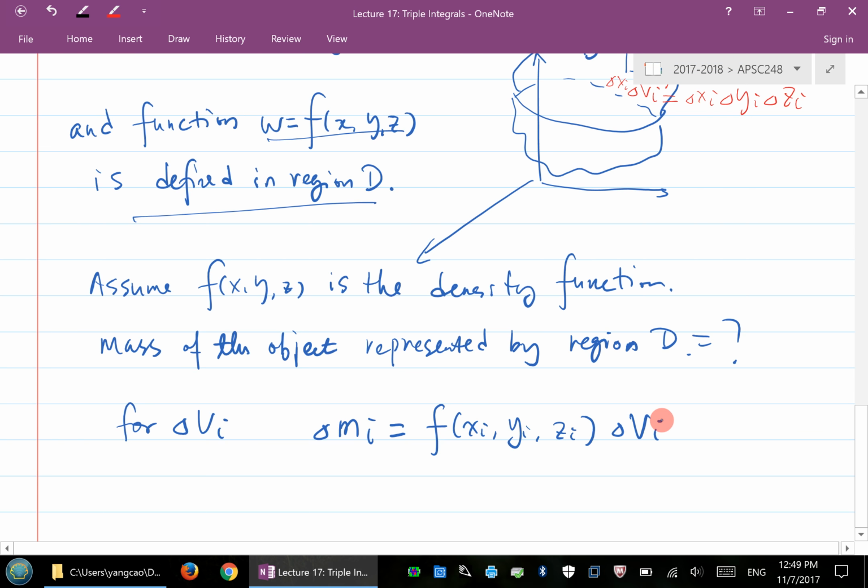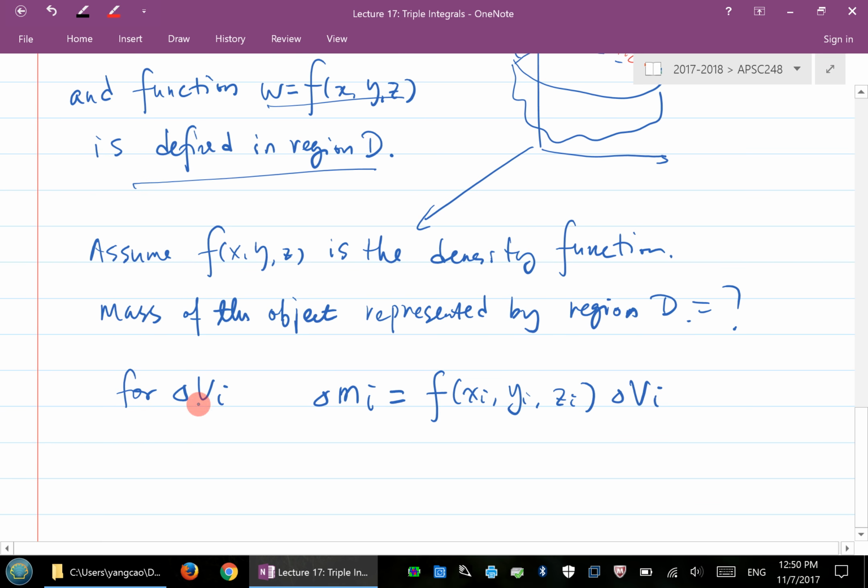Consider it's a very small cube, then the density around that point or inside the cube is a constant. So the mass for the little cube here will be the density times the volume here. So this is basically one small mass for one small cube.